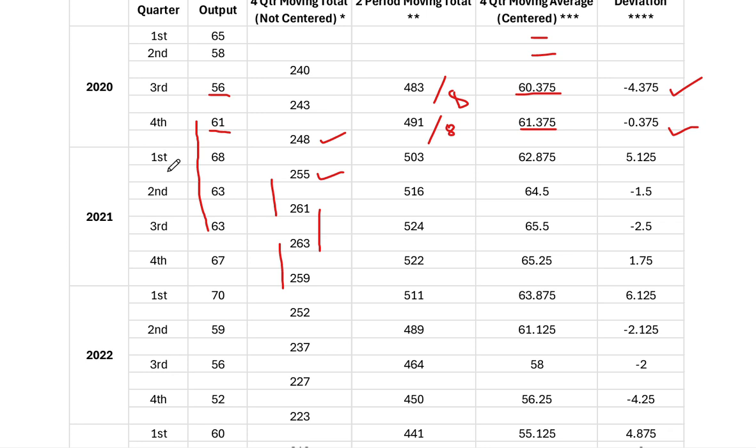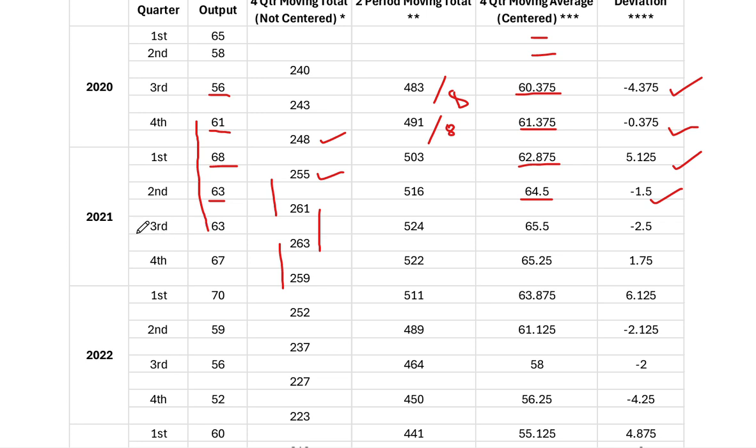First quarter of 2021, earlier output is 68 and revised output is 62.875. So our deviation is 5.125. Second quarter of 2021, earlier output is 63 and revised output is 64.5. So deviation will be minus 1.5.